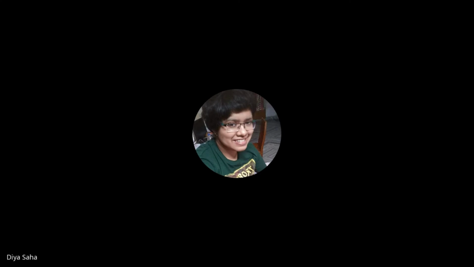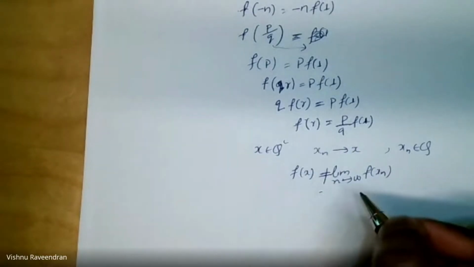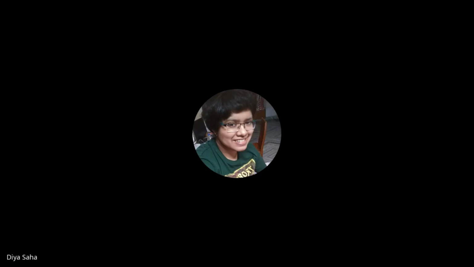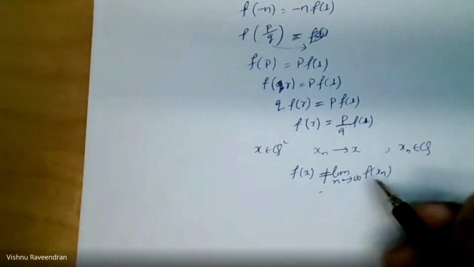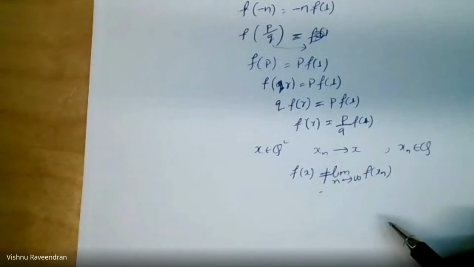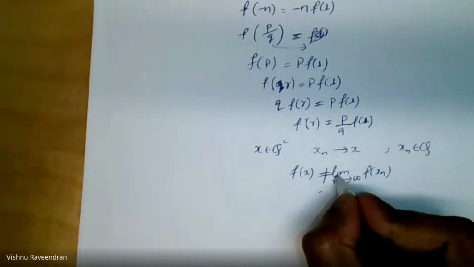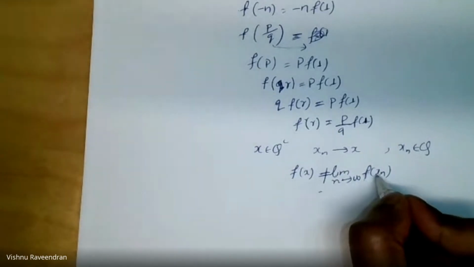But this may not be true, because we don't know if f is continuous. We only know it is continuous at a single point. If you want to pass the limit, you need to know that f is continuous, right?